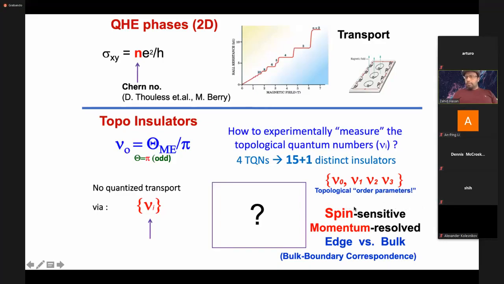That means we have to do spin resolved, momentum resolved, energy resolved measurements on the edge, on the boundary, and also on the bulk. Then that exhausts all the quantum numbers the electron has, right? It has energy, momentum, and spin, and it can live on the edge or in the bulk. If we can make a contrast, then we'll have full access to the topology, and that is exactly what we have been doing for the last 10 years or so.